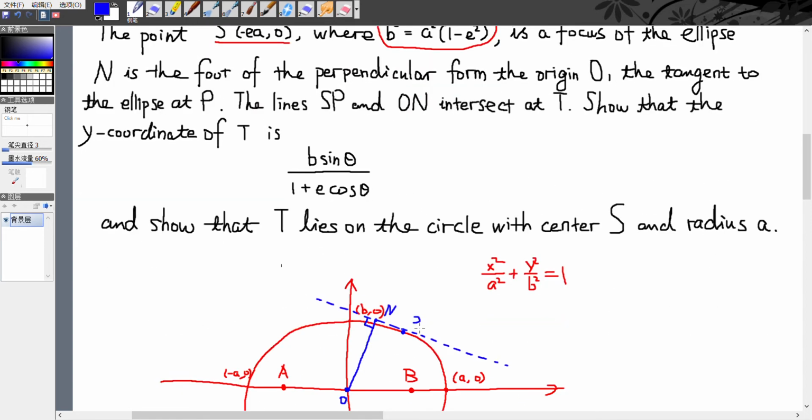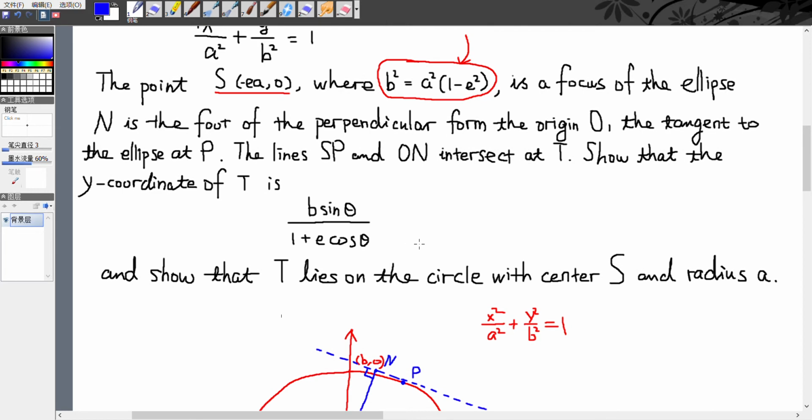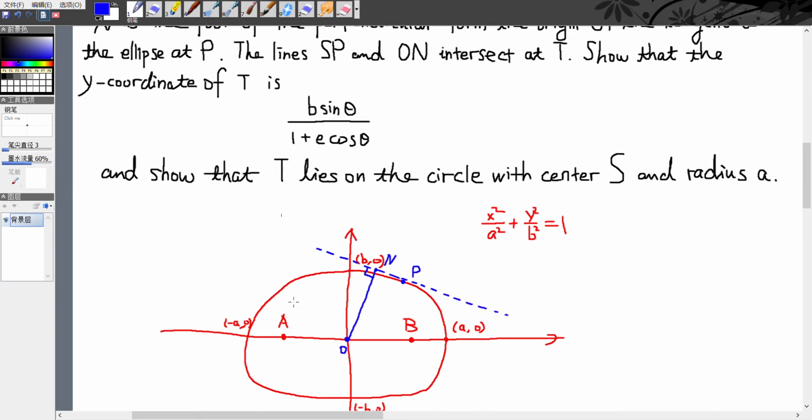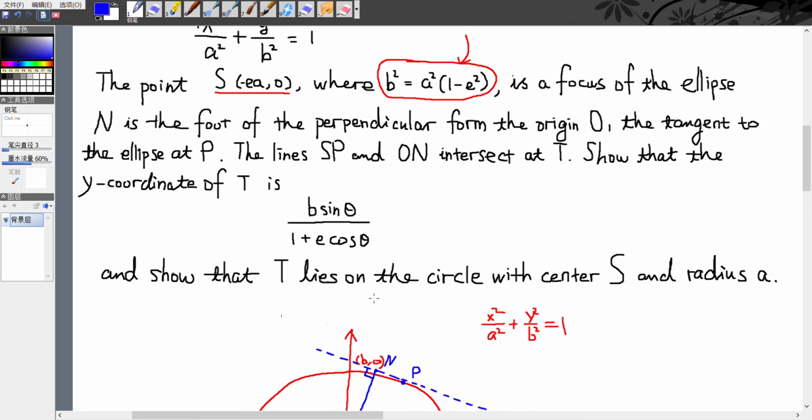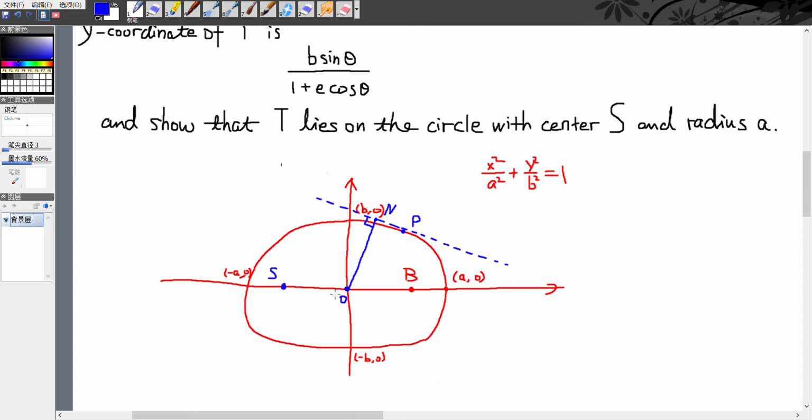This is point P, and this is the point N. And this point is one of the focuses, which is S. SP and ON intersect at this point T.